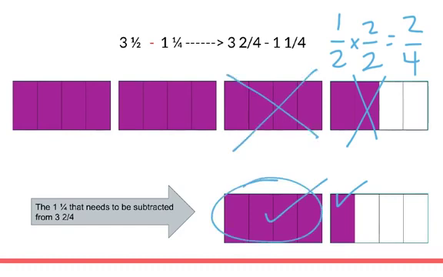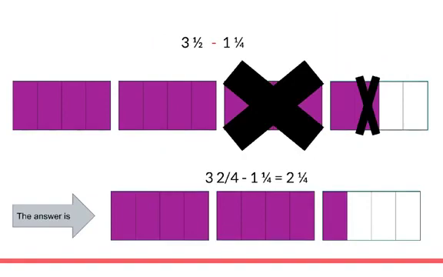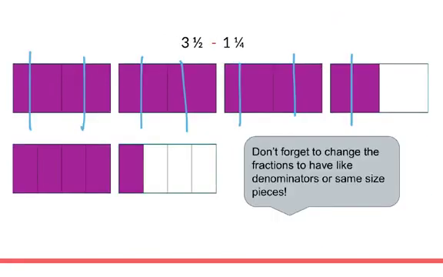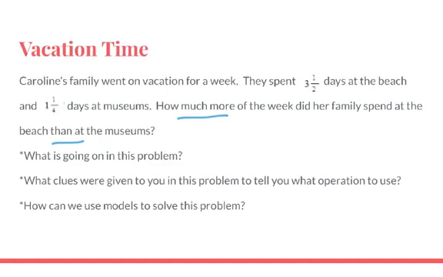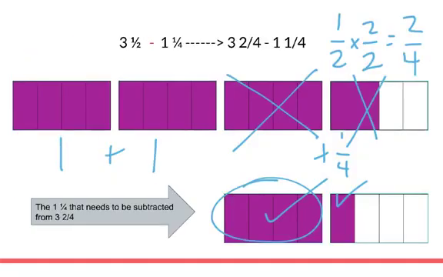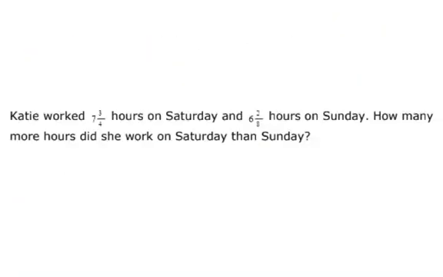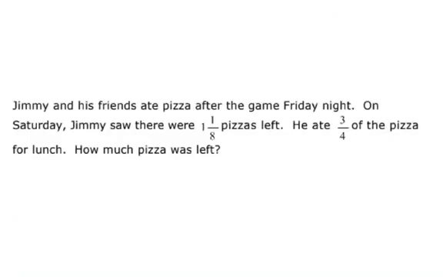And what I'm left with is 1 plus another 1 whole plus 1/4, and that gives me 2 1/4. So, getting back to the original problem, her family spent 2 1/4 more days at the beach than at the museum.